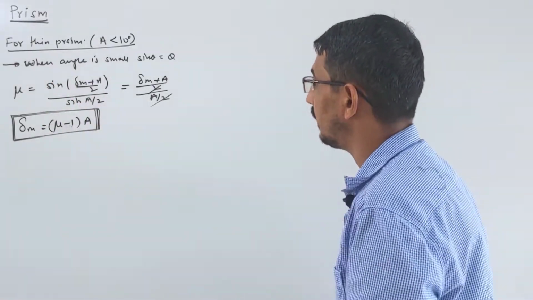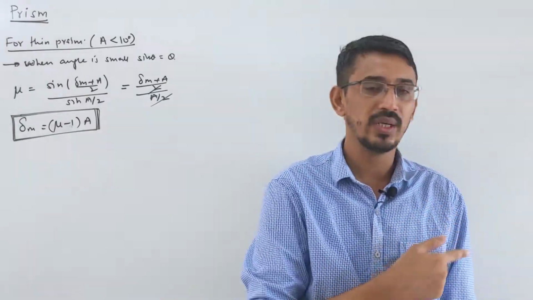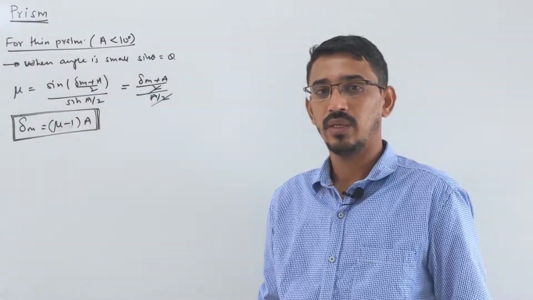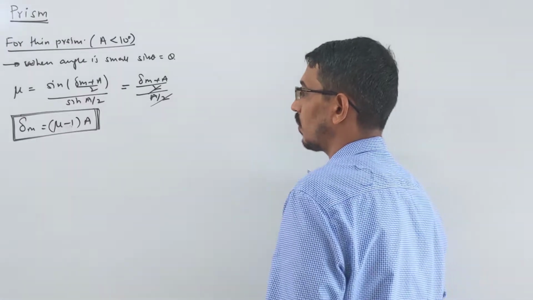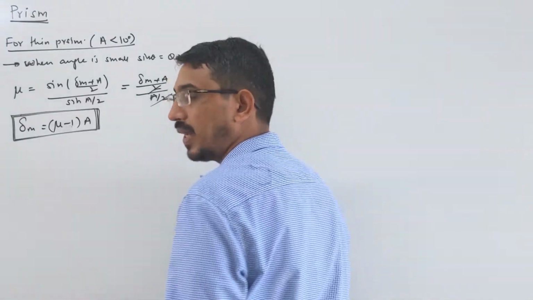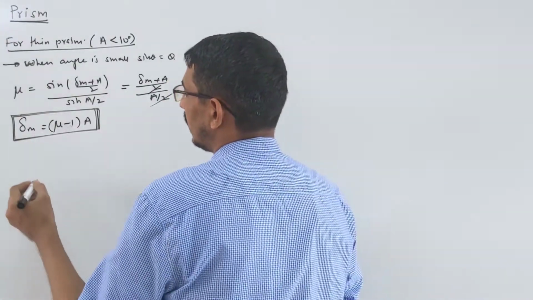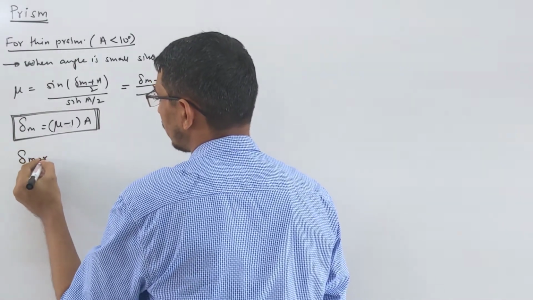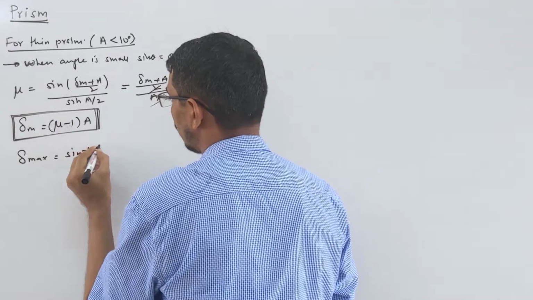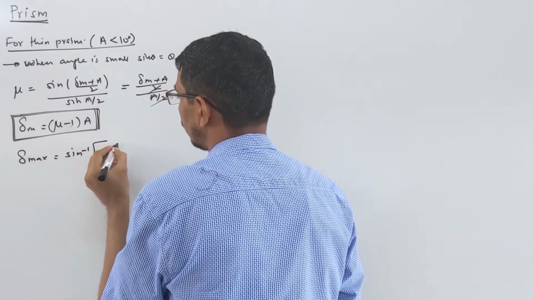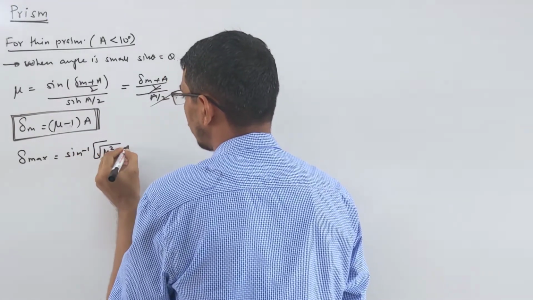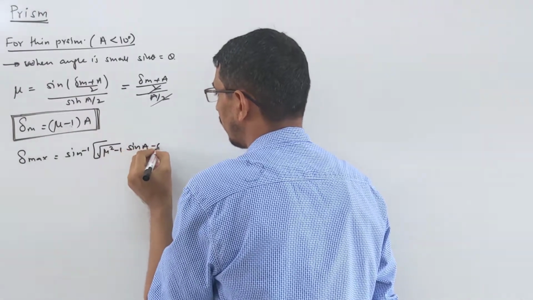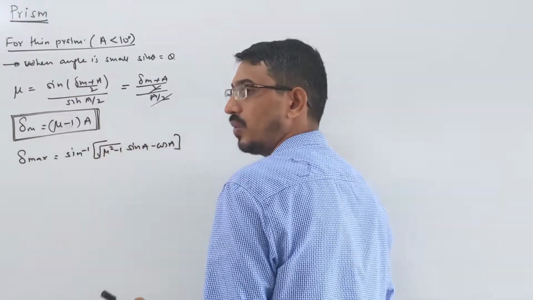Actually, one thing I said wrong last time, before I rubbed the board. At the end I wrote the maximum deviation condition. What I wrote is delta max equals sine inverse of root of mu square minus 1, then sine of A minus cos A. This formula is okay, but I missed something.